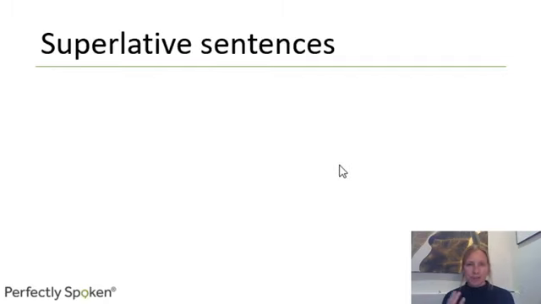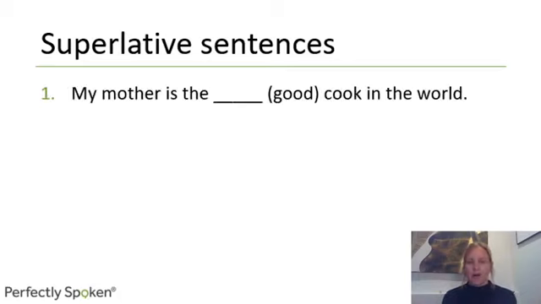Now, so we looked at the comparative, and now do you remember superlative? So for this section, I'm going to put some sentences here with a gap, and you have to write the superlative form of the adjective in brackets, okay? Here we are. Number 1.